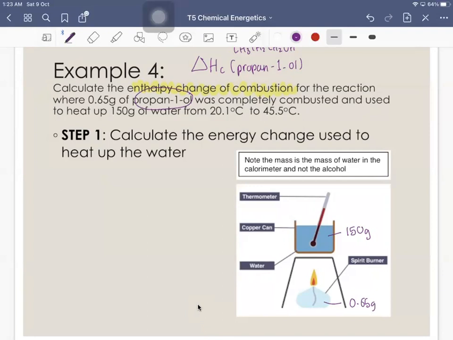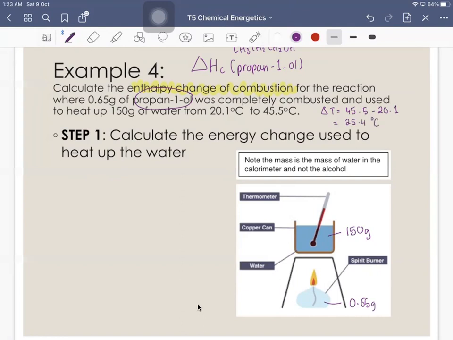So I want to show you delta T. Delta T is the change in temperature. So delta T is taken as final minus initial, and that turns out to be 25.4 degrees Celsius.